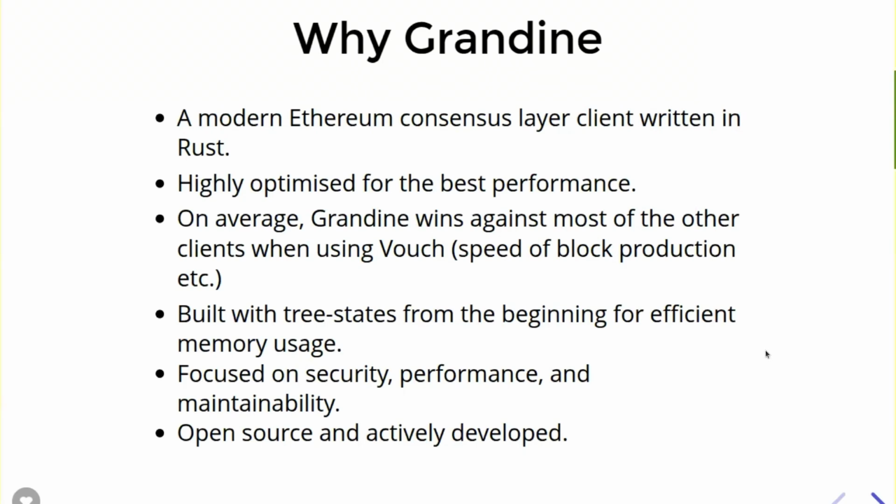But on average, we observe that our client is doing better both in terms of the response times, as for example, like beacon block production time. So we see that on average we are very competitive with other clients, and often we outperform if we look at the metrics of Vouch.